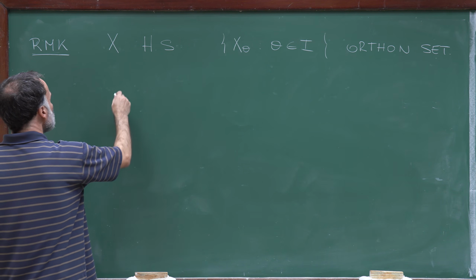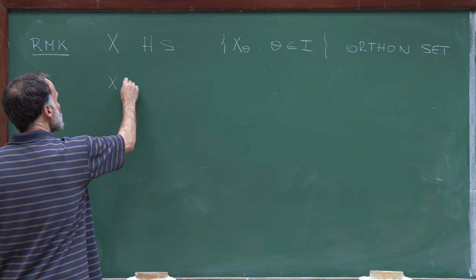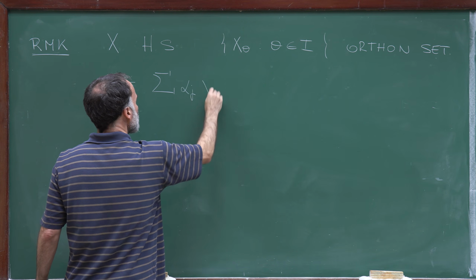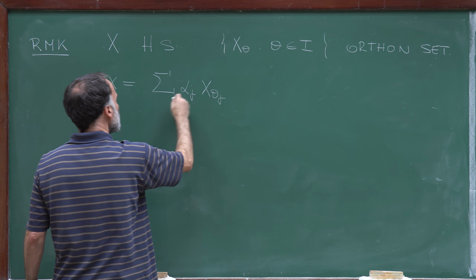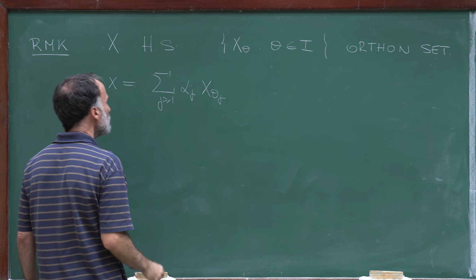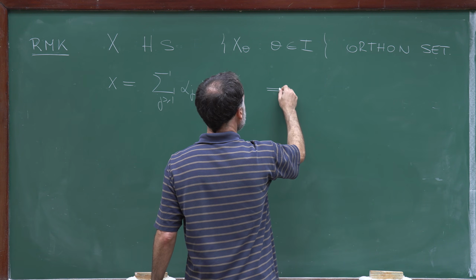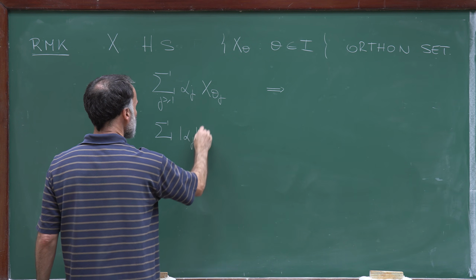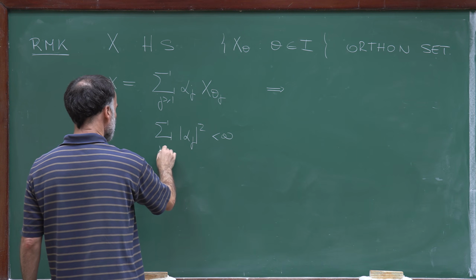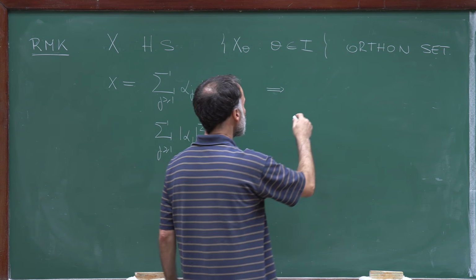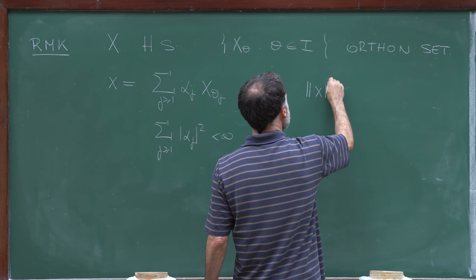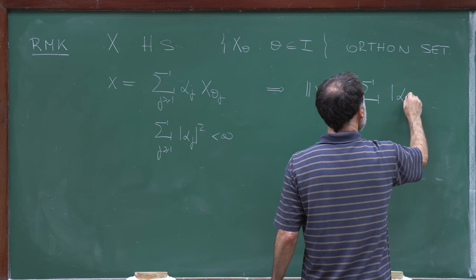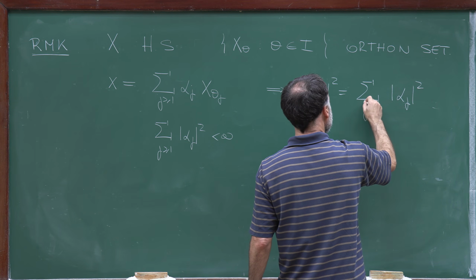In the proof of the previous proposition, we've seen that if I have x, which can be written as the sum of alpha j x theta j for j larger than or equal to 1, where I'm assuming that the alpha j's are square summable, then we proved in this proposition that the norm of x squared is actually equal to the sum of the alpha j squared.